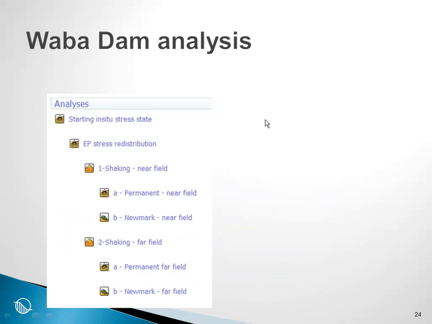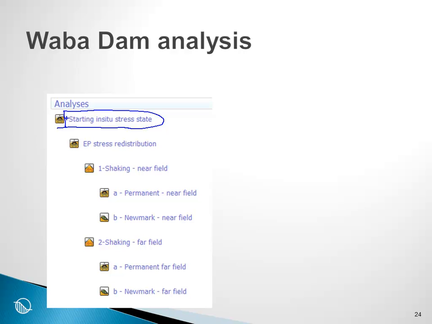So here is the analysis tree for doing a Waba Dam type of analysis. The first step is to once again, using SIGMA in this particular case, establish the in situ stress state in the ground. We always have to start from a known stress state.